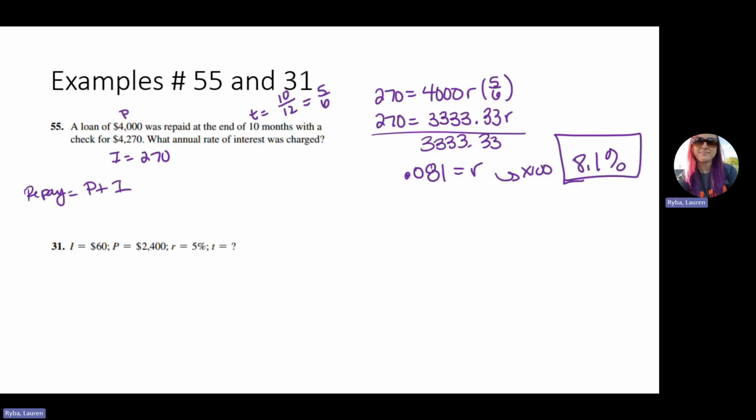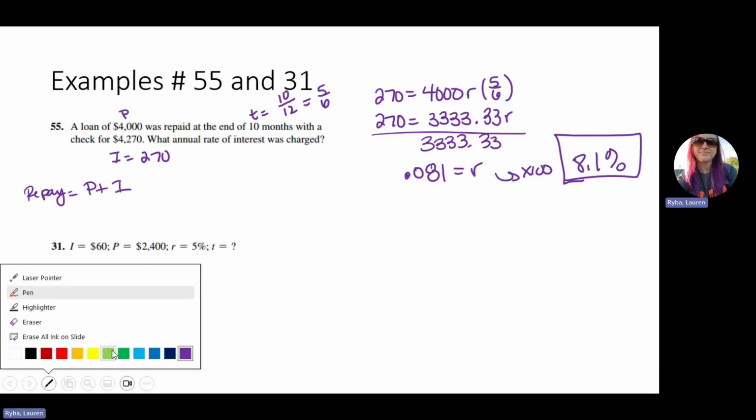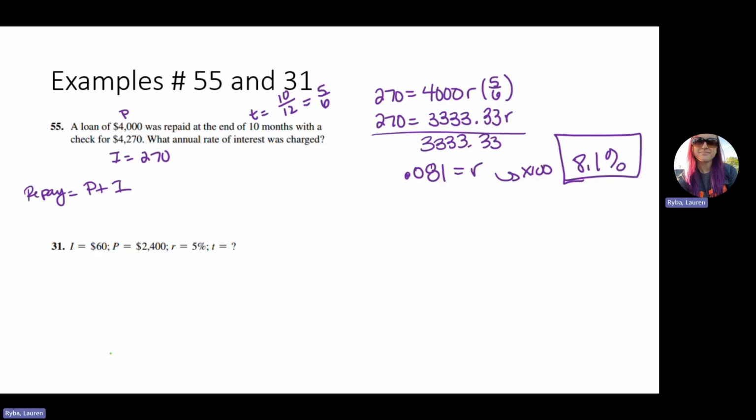Last one for this type here. It says interest is $60. P is $2,400. R is 5%. What is T? So 60 equals 2,400 times, I got to divide that by 100, 0.05 times T. If I take 2,400 times 0.05, I get 120 T equals 60.